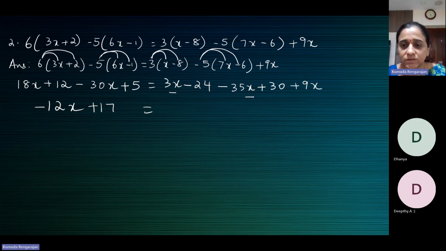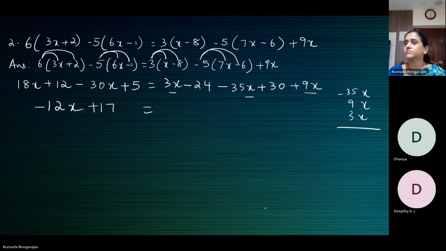Here we have 3 x terms. So we have 3x, plus 9x and minus 35x. So what do we do with 9x and 3x?